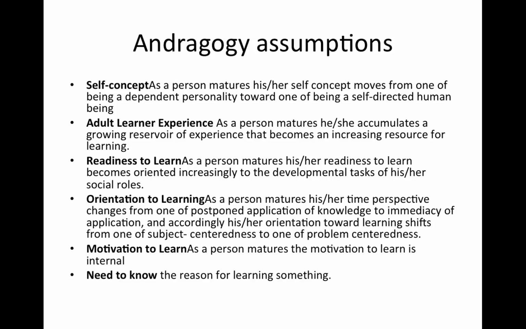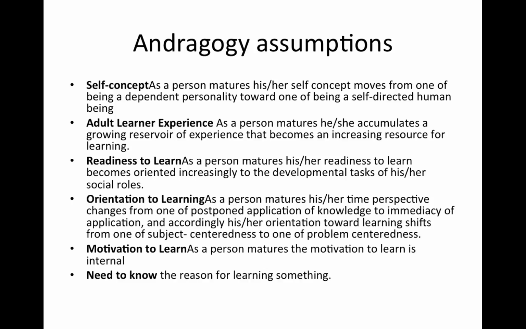Andragogy assumptions. Andragogy today consists of six assumptions. Those are: adult learners have a self-concept that moves them to be independent and self-directed. They have experience, which is counted as a resource for learning.